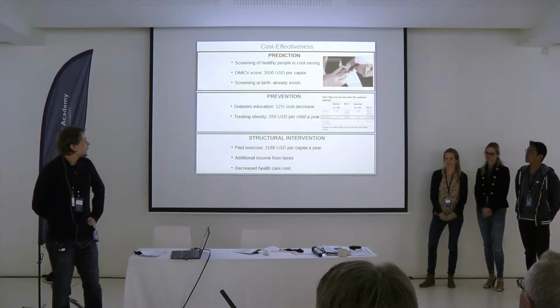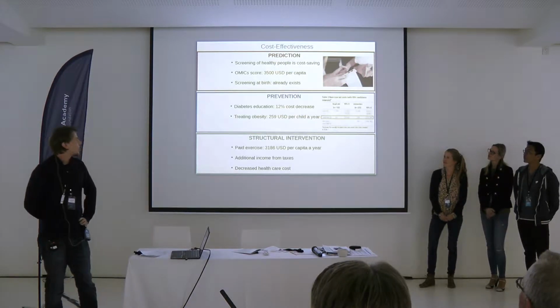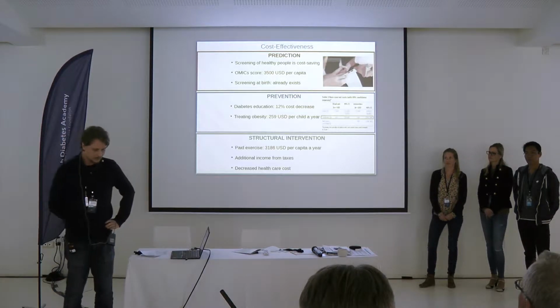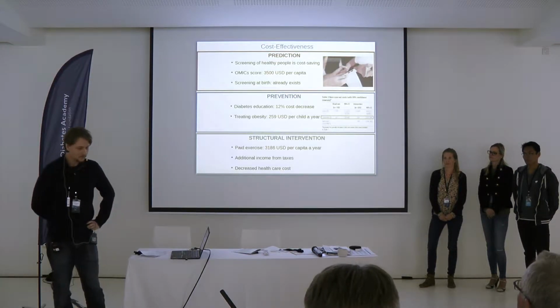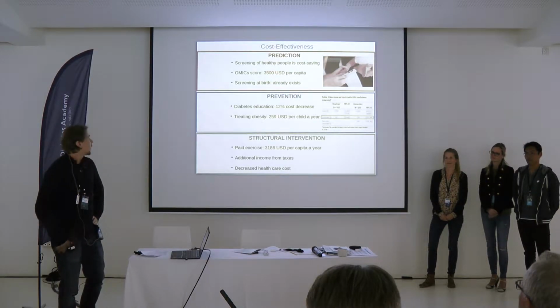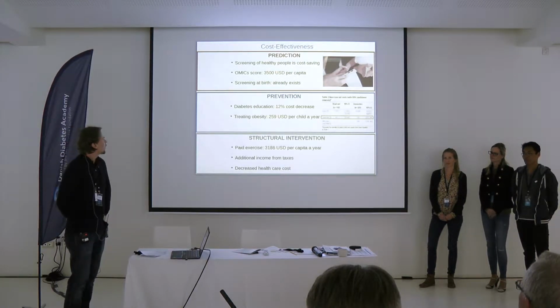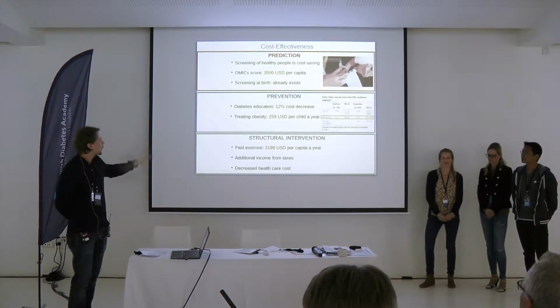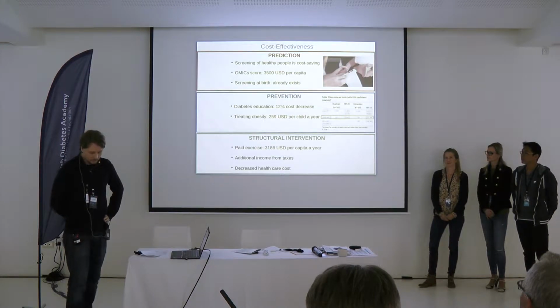Cost effectiveness. The prediction program is quite cost efficient because the blood samples do exist, because all newborns give blood samples. You only need to sequence them. Sequencing is quite expensive, so we estimated that the multi-omics score will cost $3,500 per individual.